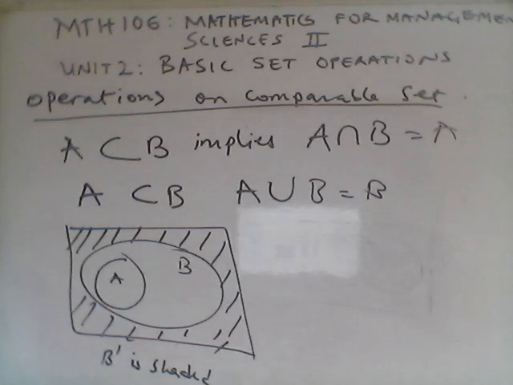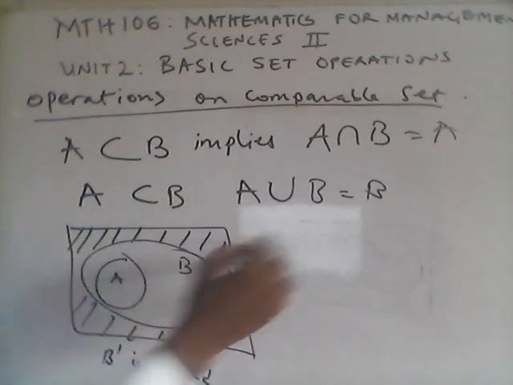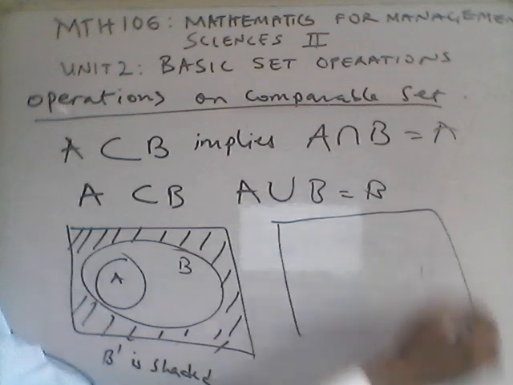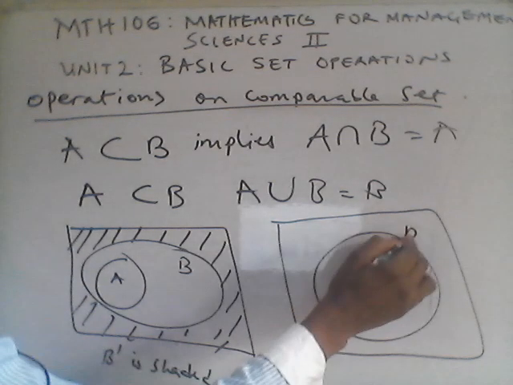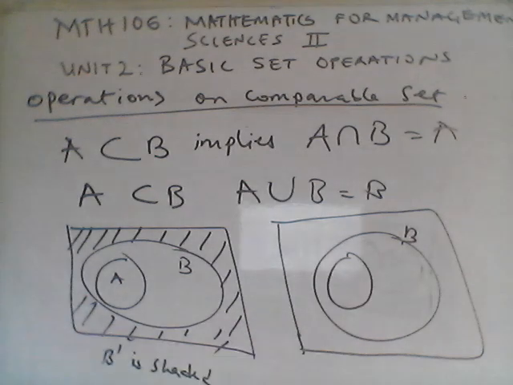Okay, and still on this, if I have another Venn diagram where I have B and A, B is outside, A is inside, right? So A prime is shaded. So what's A prime?